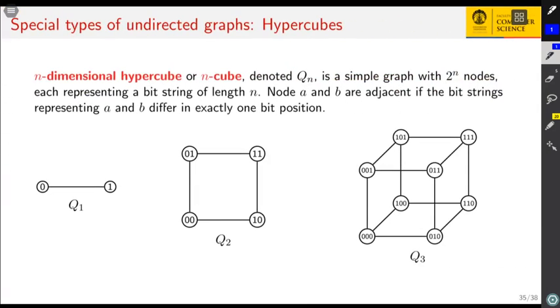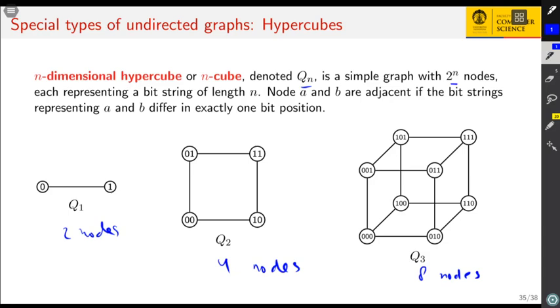Another special graph is the hypercube, denoted by Qn, or n-cube. The n-cube is a simple graph with, remember, 2 to the power of n nodes. So Q1 has 2 nodes, Q2 has 4 nodes, Q3 has 8 nodes, Q4 has 16, and so on, right?